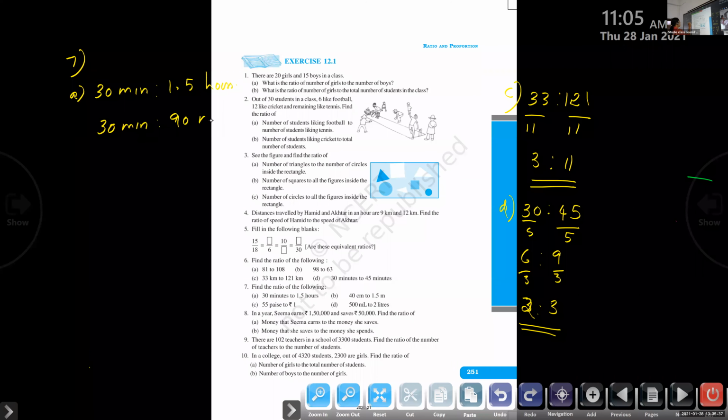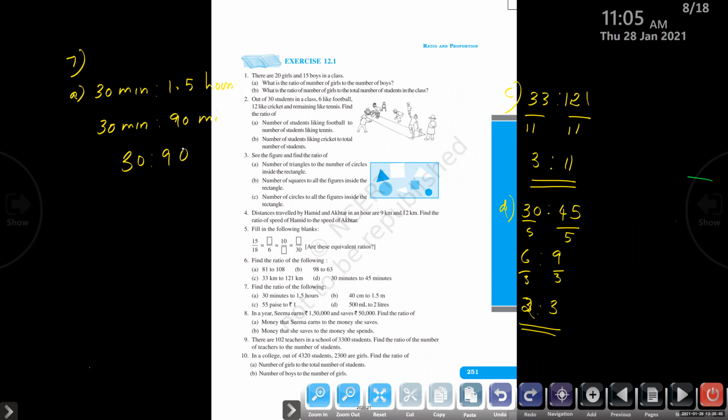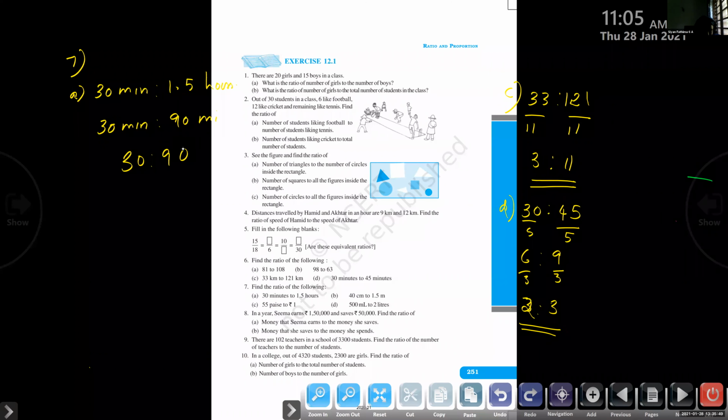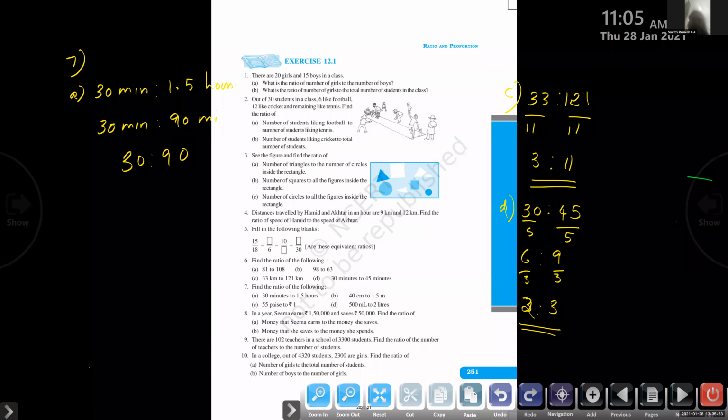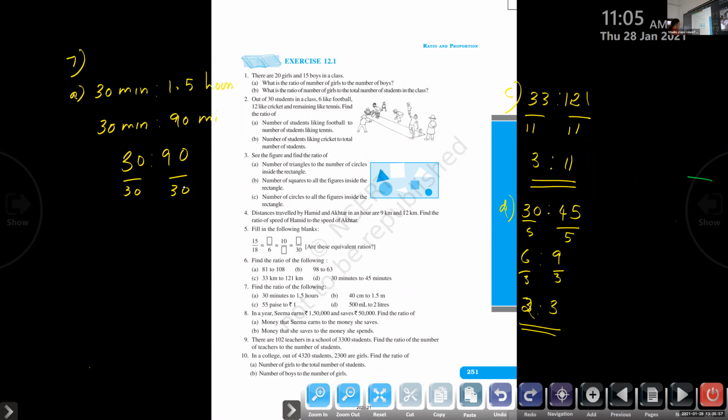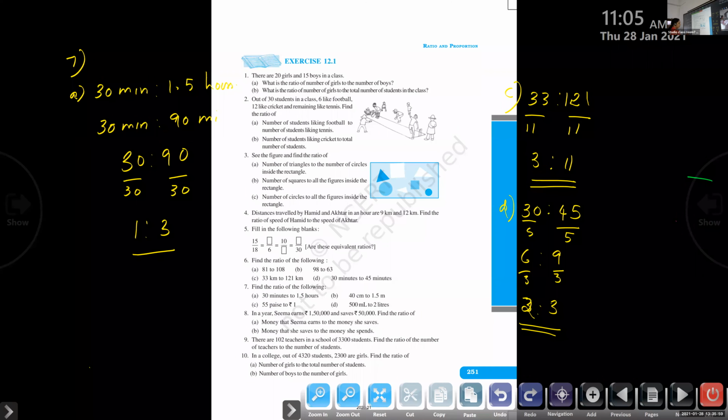Correct. 30 is to 90. Which is the common number? 30 itself is the common number. So divide by 30, you will get 1 is to 3. Yes, ma'am.